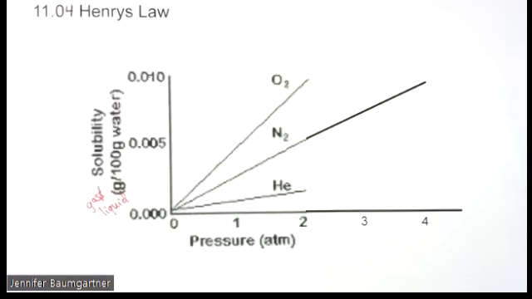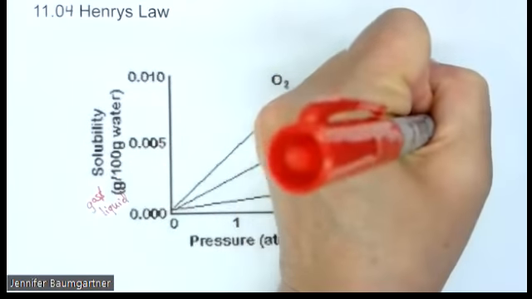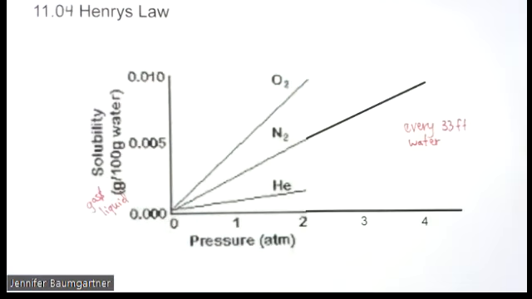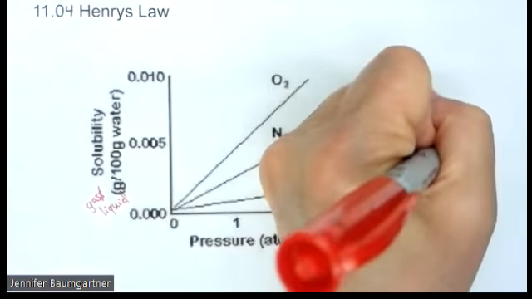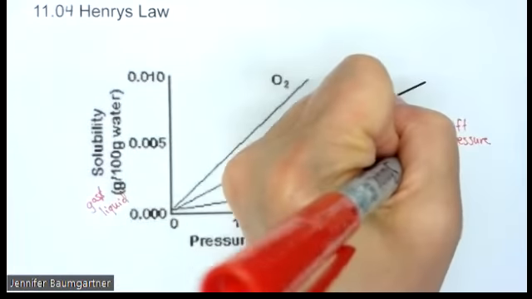Well, why was that? So for every 30 feet of water, the pressure increases 1 atmosphere.